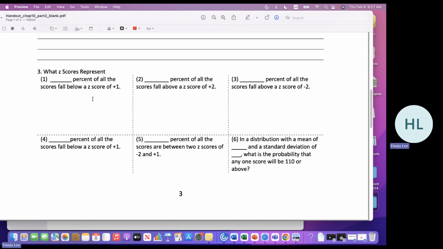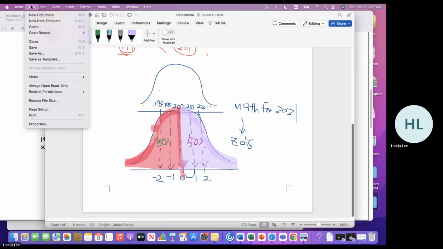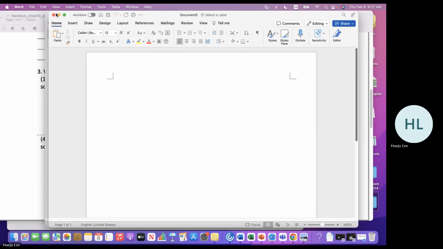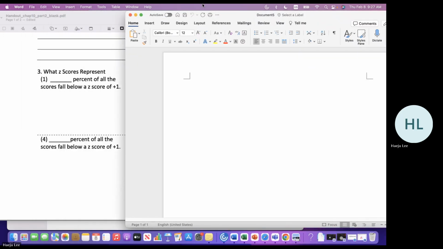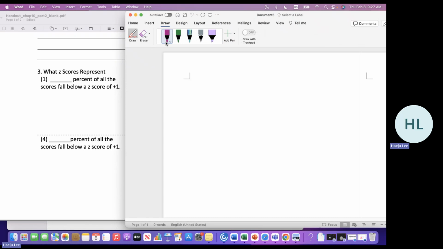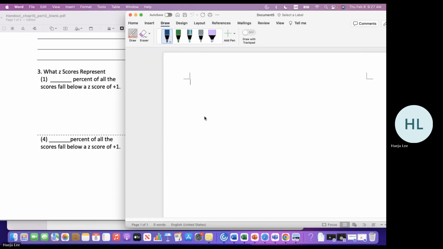To compute the percent of the scores, first we need to draw the G distribution.